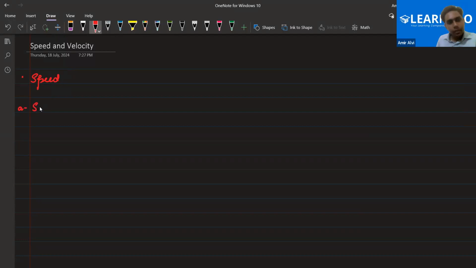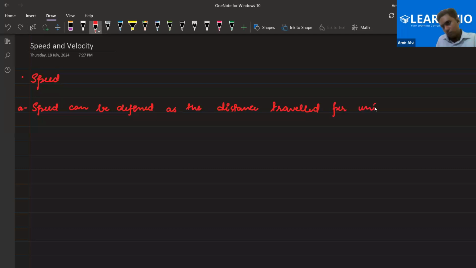So speed can be defined as distance per unit time.